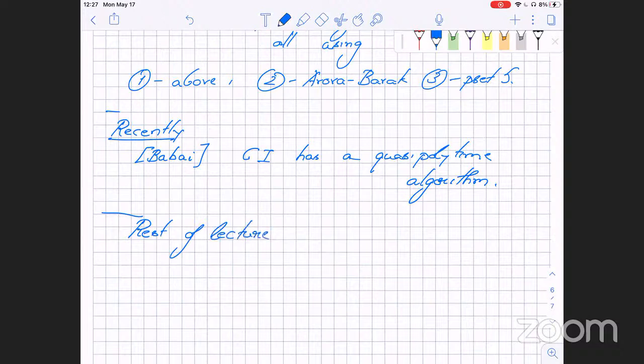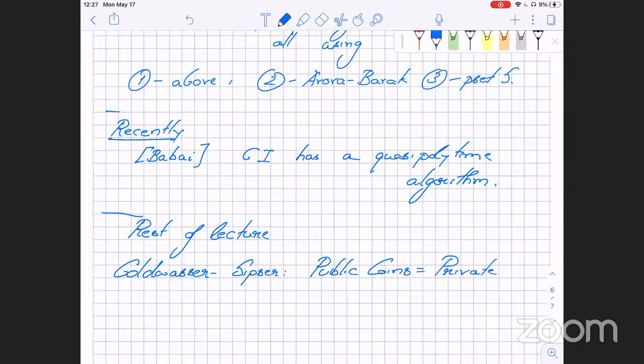What we'll show is this result of Shafi Goldwasser and Mike Sipser, where they show that public coins equals private coins. The idea is very simple, but it's beautiful, because on the face of it, it seems completely untrue.